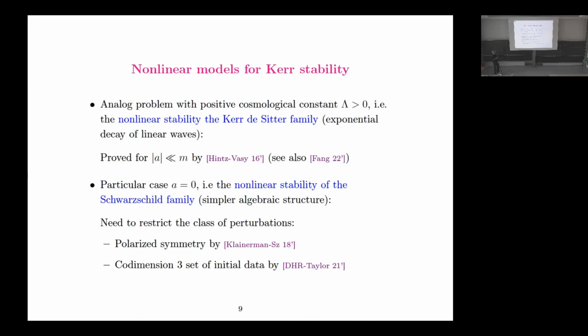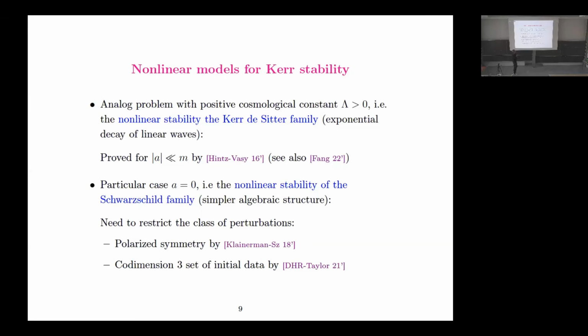And also, that's where we developed the ideas I want to present at the end of the talk, on modulation in infinite dimensions. Later on, this result was extended to a codimension 3 set of initial data by Dafermos, Holzegel, Rodnianski, and Taylor.